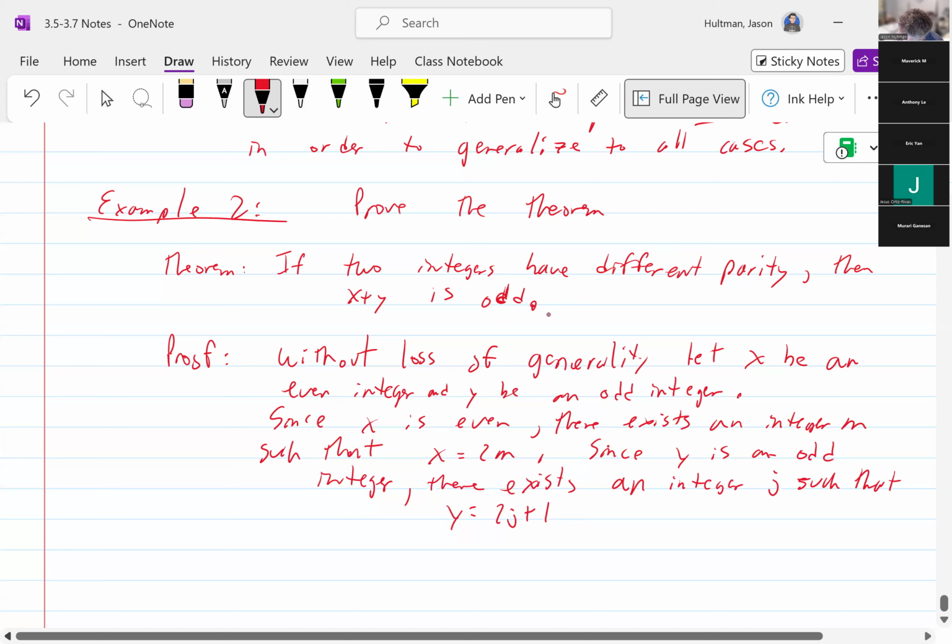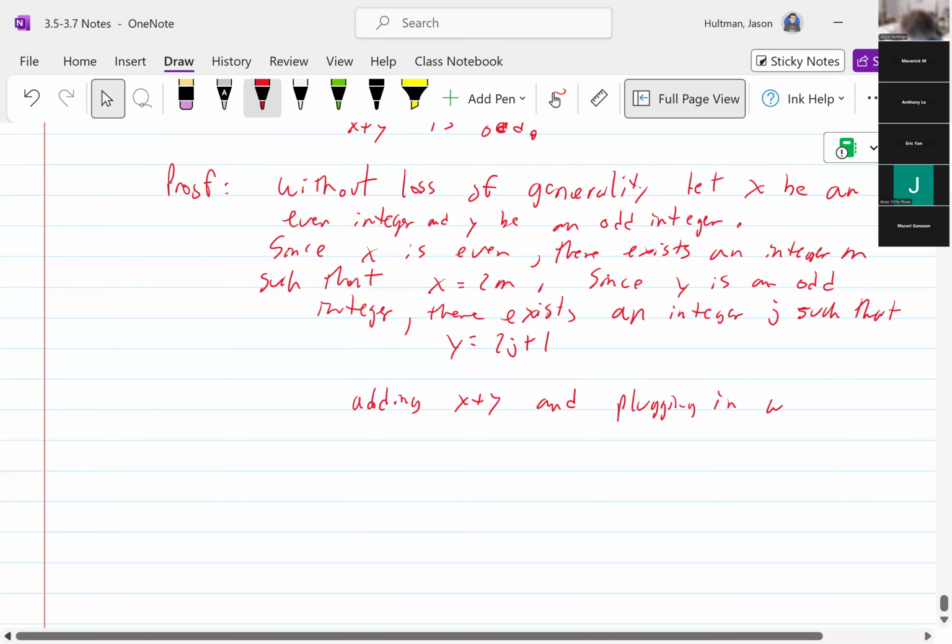If we add these together, adding x plus y and plugging in, we obtain 2m plus 2j plus 1, which is equal to 2 times (m plus j) plus 1. Where m plus j is the sum of two integers, which is also an integer.